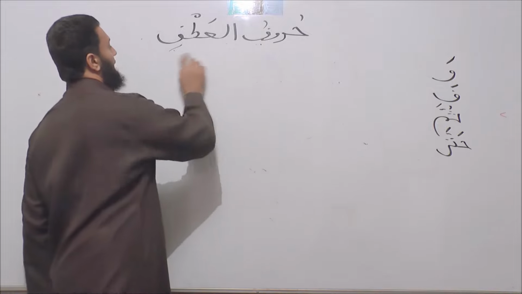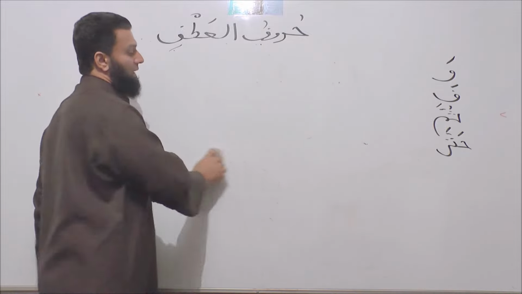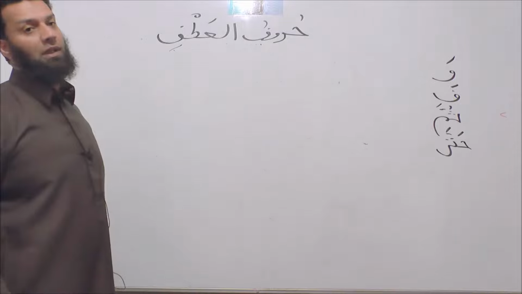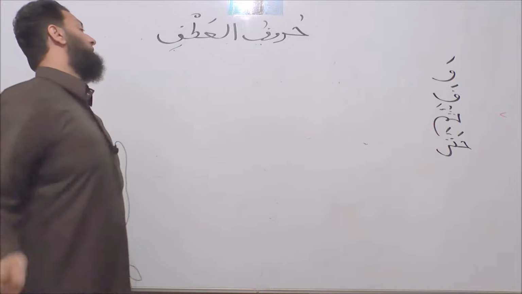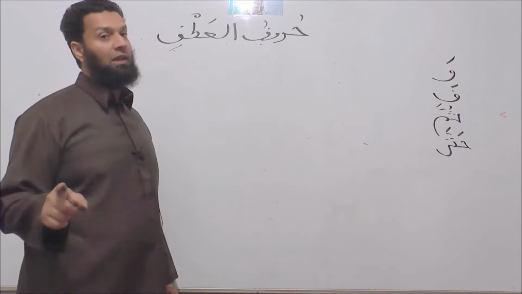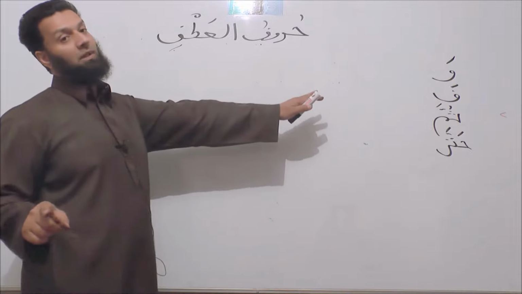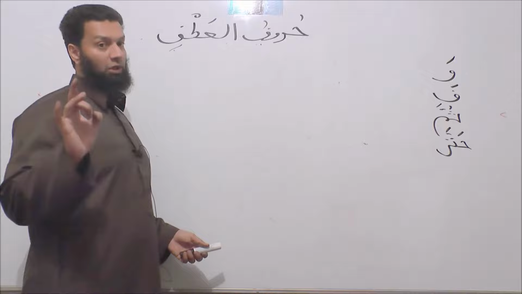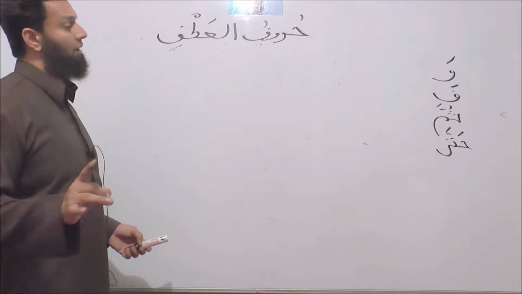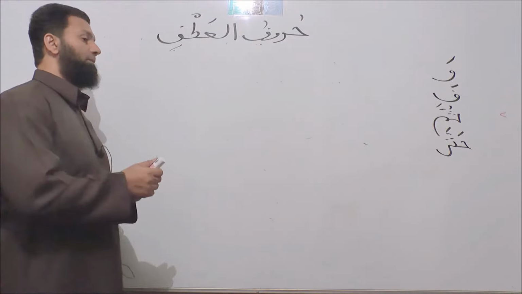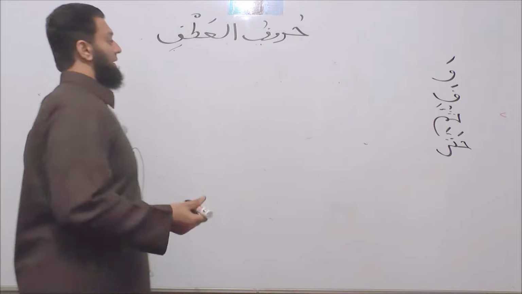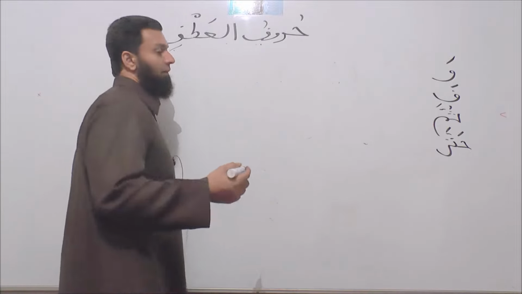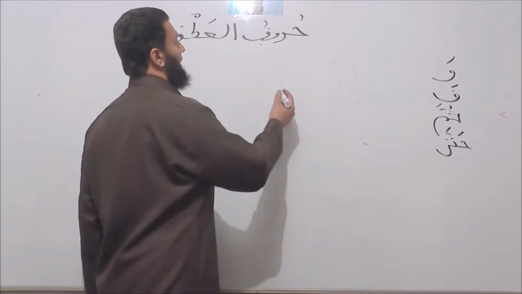It must fulfill two conditions for it to be from حروف العطف. And it also needs to be differentiated from being min huruf al-jarri, because hatta is also a harfu jar. Right? So let's give an example. A very common example which they mention with hatta.